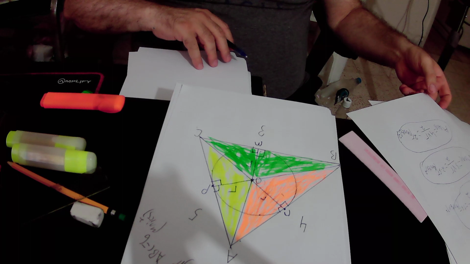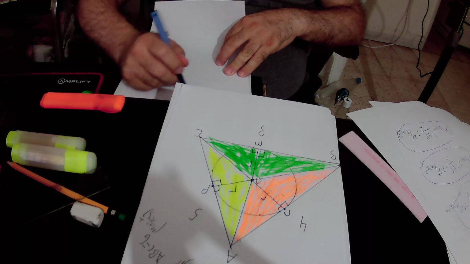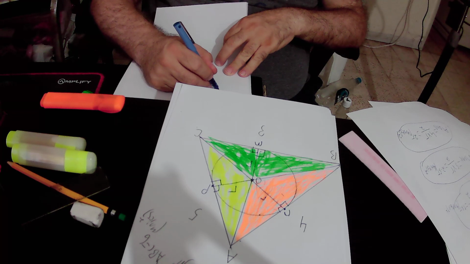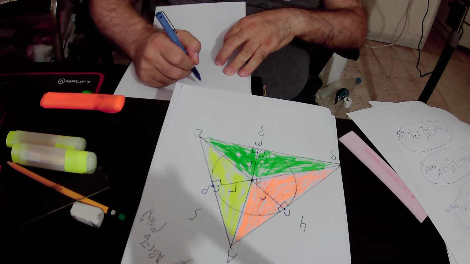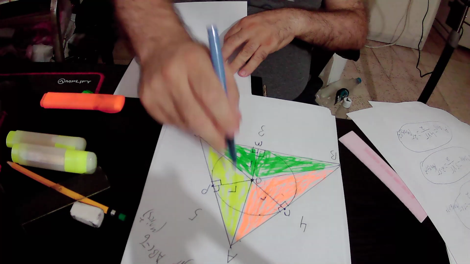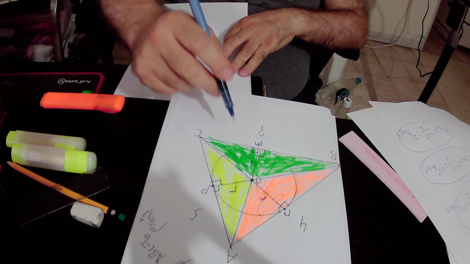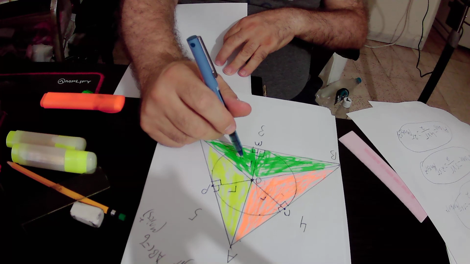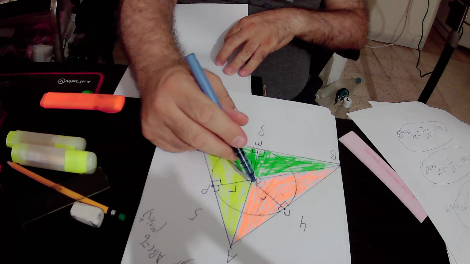But actually the area of triangle ABC equals the sum of the areas of the yellow triangle plus the area of the green triangle plus the area of the orange triangle.